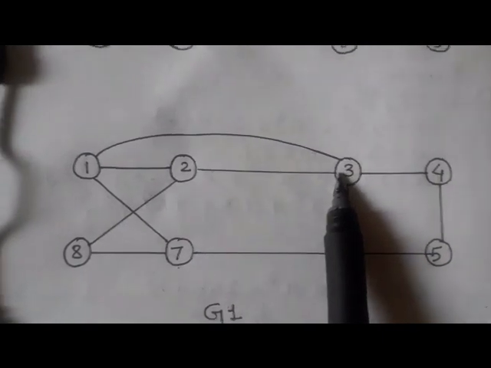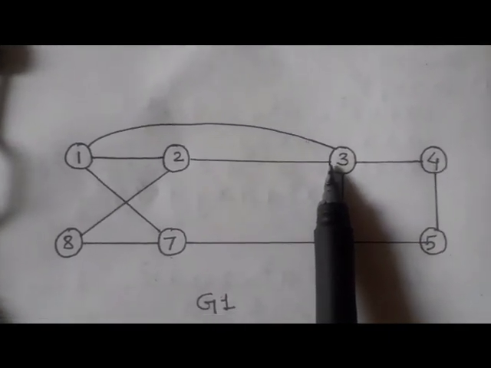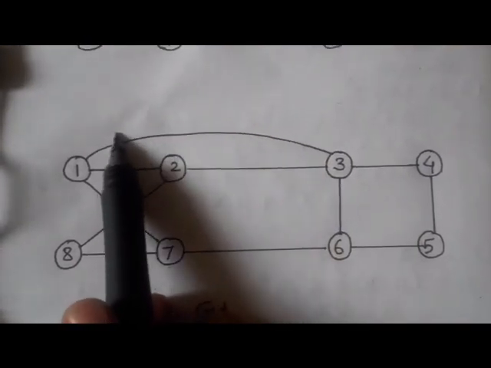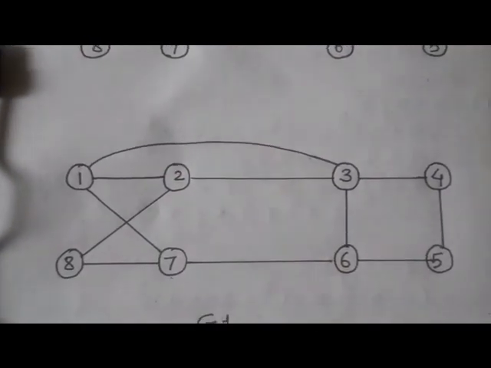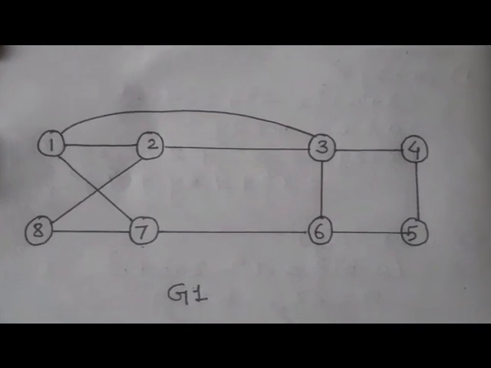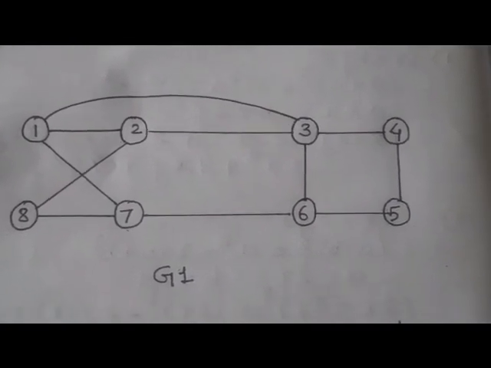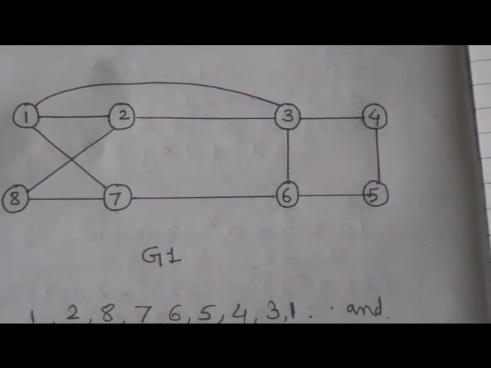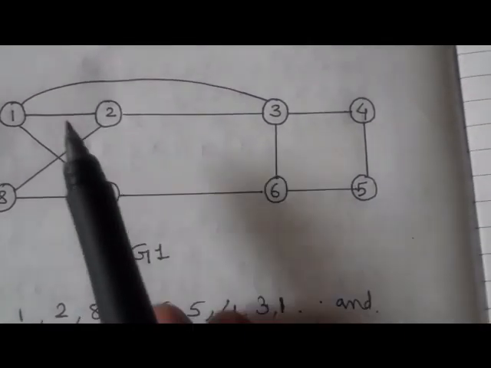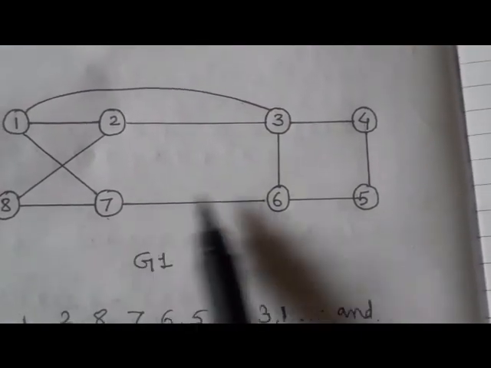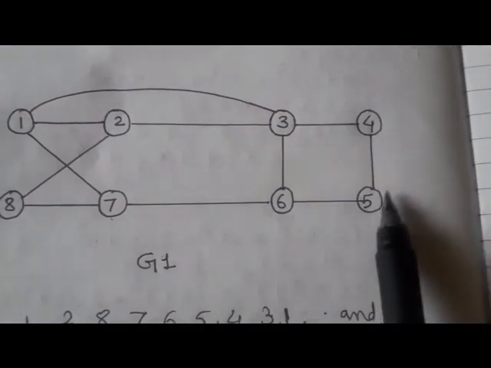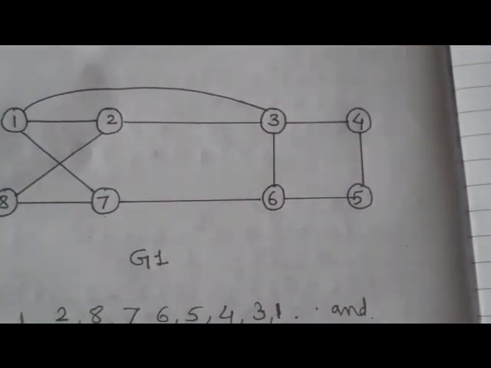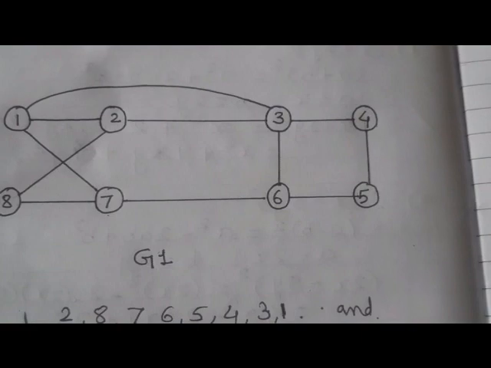Now we have to return to the starting vertex, which is 1, and there is an edge from 3 to 1. So this is our Hamiltonian cycle: 1 to 2, 2 to 8, 8 to 7, 7 to 6, then 5, 4, 3, and from 3 to 1.